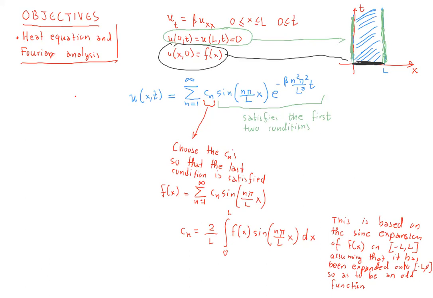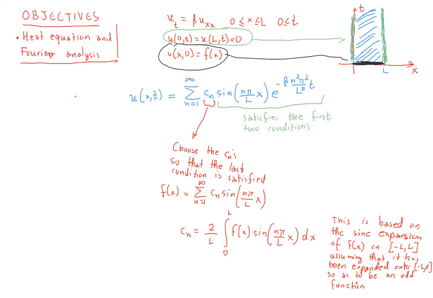You separate the variables, create an eigenvalue problem, find the eigenvalues, find the eigenfunctions, and then you apply Fourier analysis to the initial condition and make sure that you get a function that satisfies those conditions.